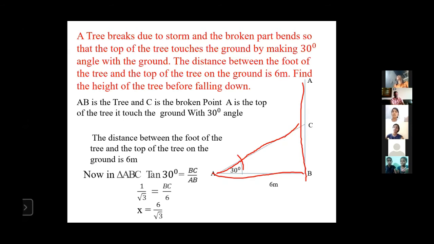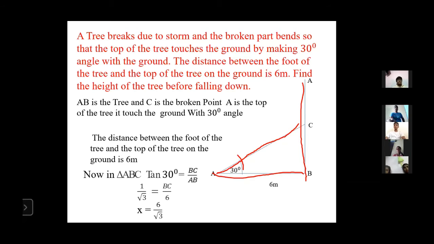So tan 30 degrees is 1 by root 3, equal to BC by AB. They didn't give the length BC, so we write it as it is, and AB length is 6 meters. We got 1 by root 3 equals BC by 6. Now let us assume the length of BC is x and cross multiply.